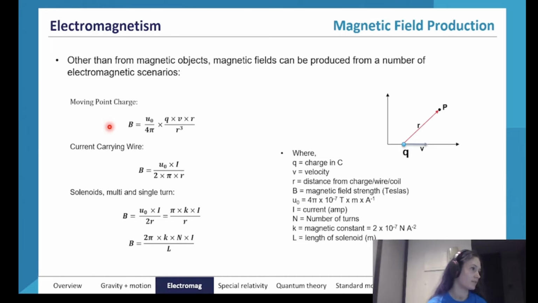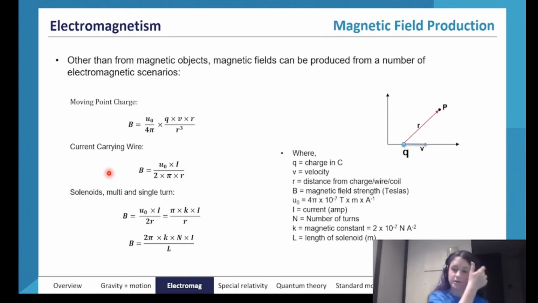The magnetic field strength of a current carrying wire is going to be equal to mu naught multiplied by the current traveling through the wire divided by 2 pi multiplied by the distance from the wire.